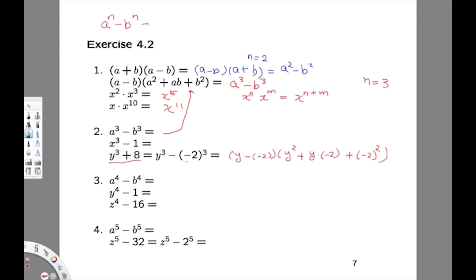So the formula you have is a minus b, a^(n-1), a^(n-2)b, a^(n-3)b squared, ..., ab^(n-2), plus b^(n-1).